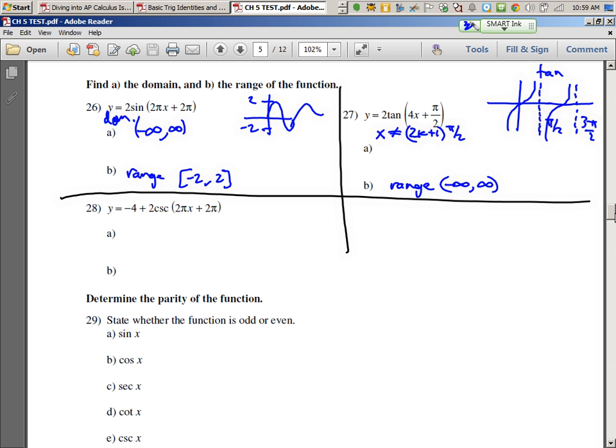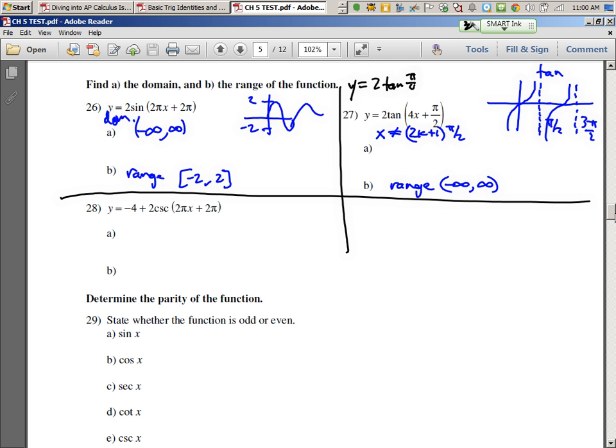Now, if you're planning to mess with the tan graph and stretch it and squish it and slide it, that will change. But you can still start with this basic fact. Okay? So let's talk about the changes that have occurred to the x's here. There's a 4 there, and there's a pi over 2 there. Let's pull out the 4, first of all, so that we can see clearly what's going on.